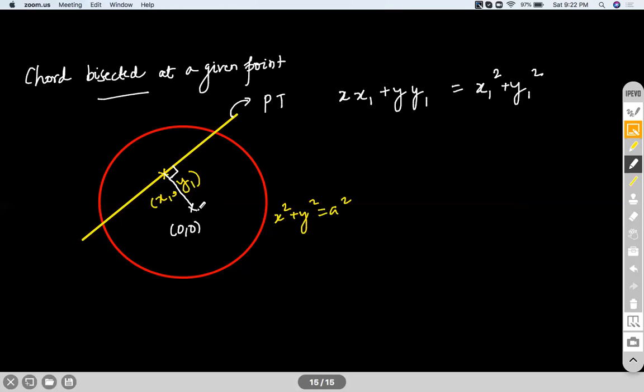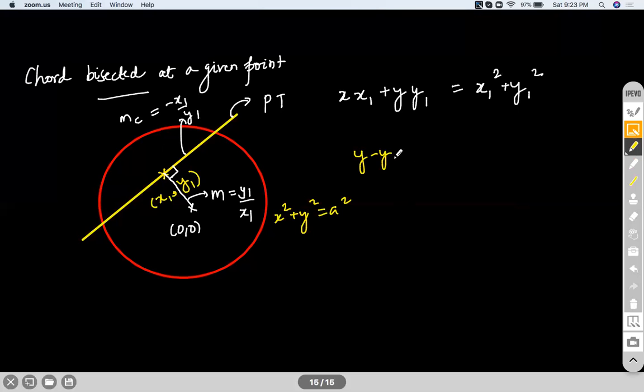So what is the slope of this line? Can I say it's y1 by x1? So the slope of this chord should be minus x1 by y1. You got a slope and you know the point. Slope point form.